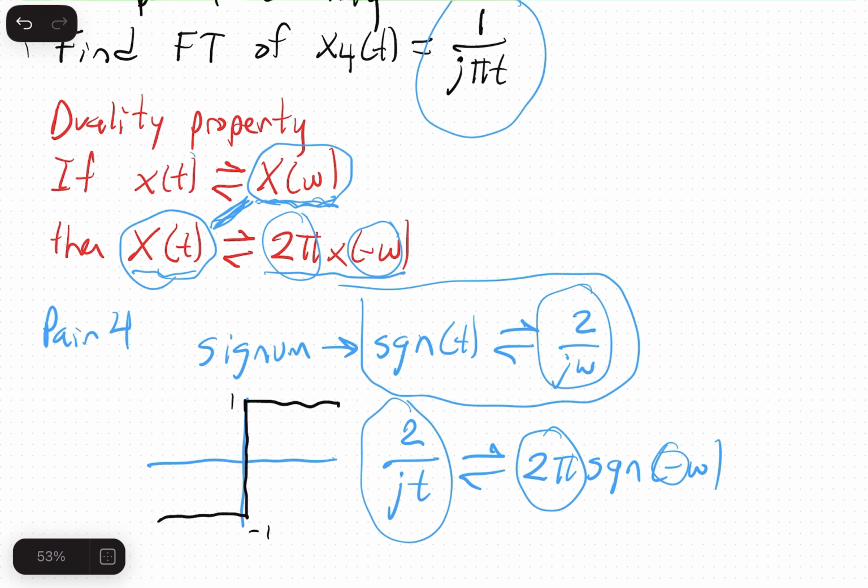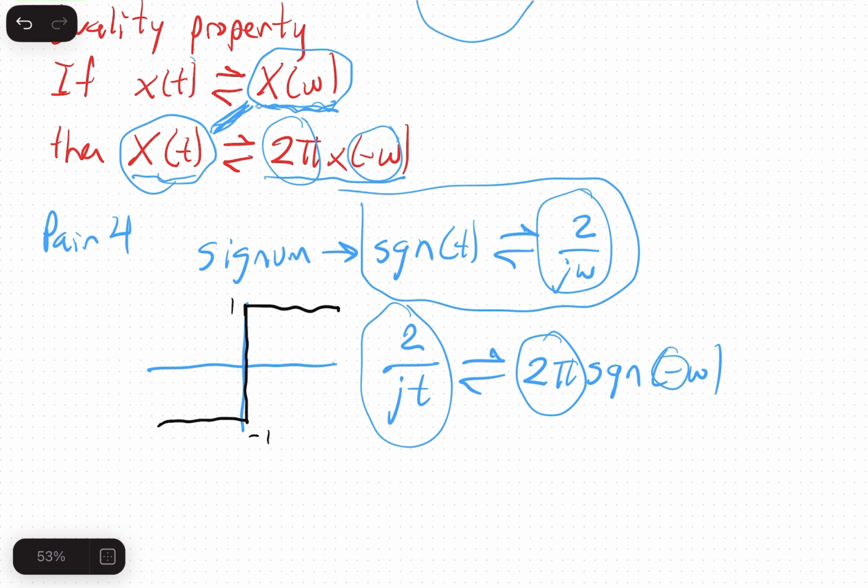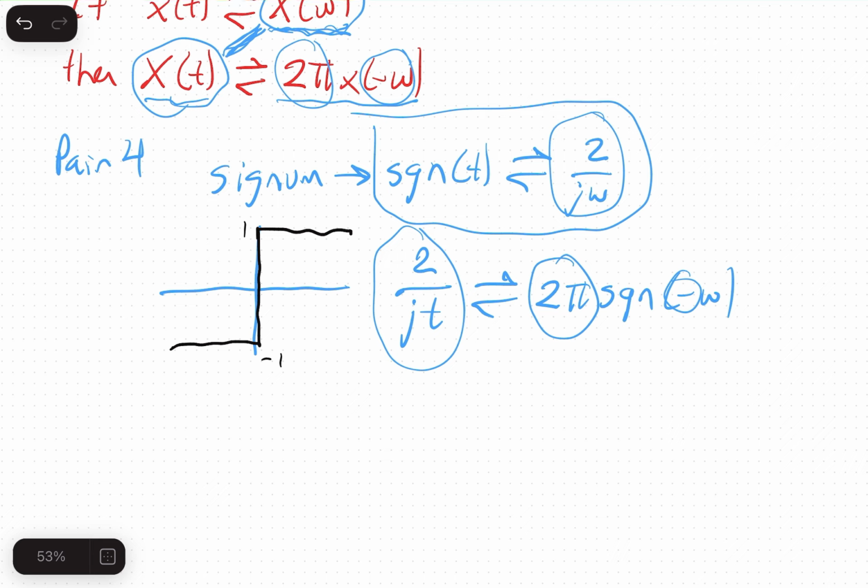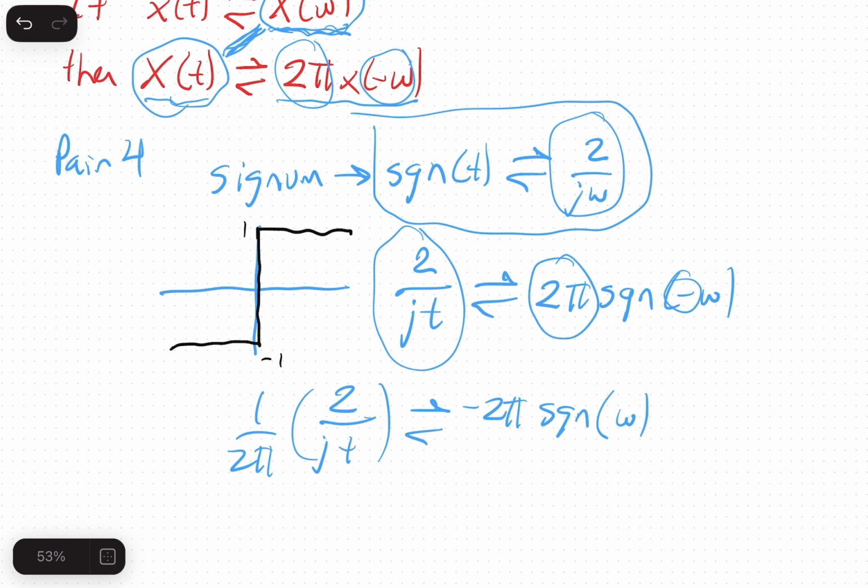transforming what we want. If you notice, it's 1 over j pi t. How do we get that? I think in here it's just a matter of dividing everything by 2 pi. So I'm going to multiply this one times 1 over 2 pi, and for the other pair, I'm going to do exactly the same. I'm going to take that sign out because our signum function is actually an odd function, right?